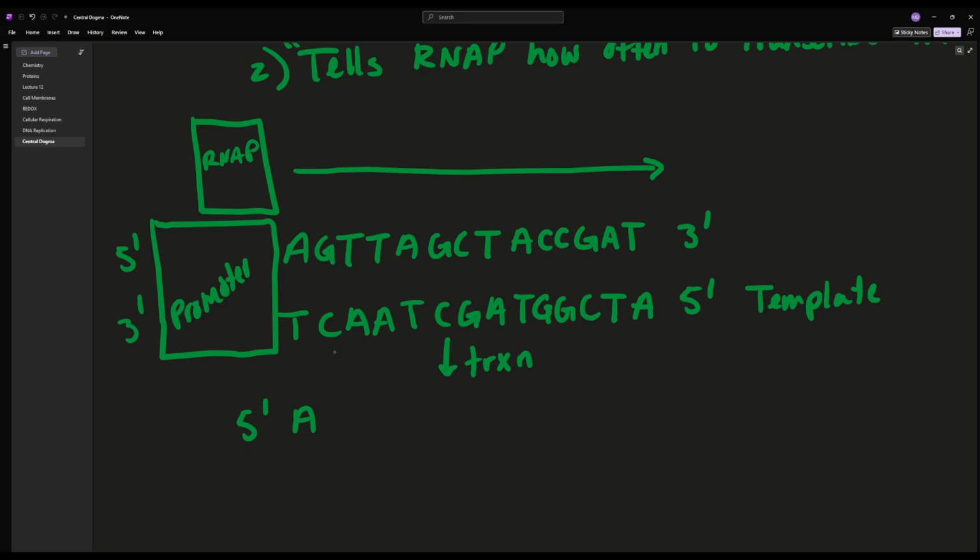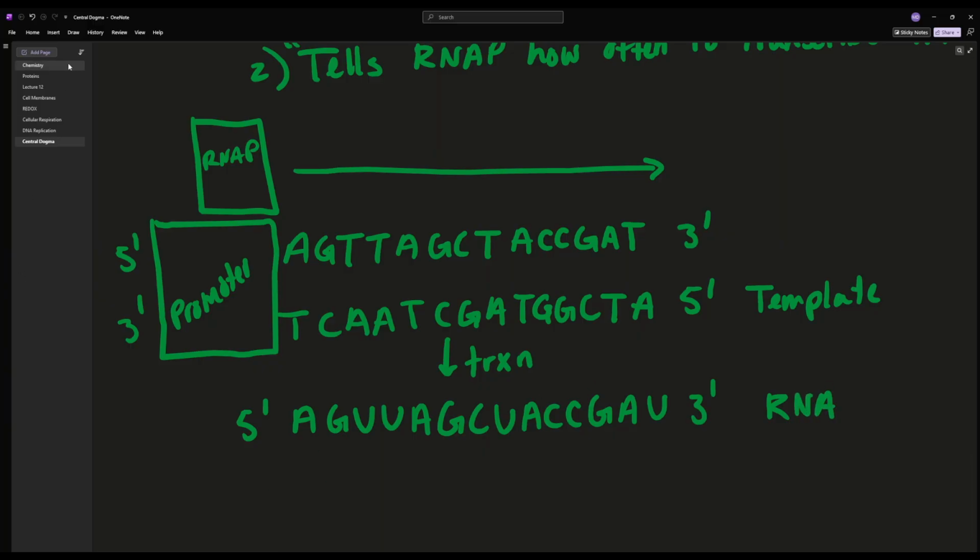T is going to pair with A, C with G, A with U, A with U, T with A, C with G, G with C, A with U, T with A, C, C, G, A, U, 3'. So this is going to be our RNA transcript.